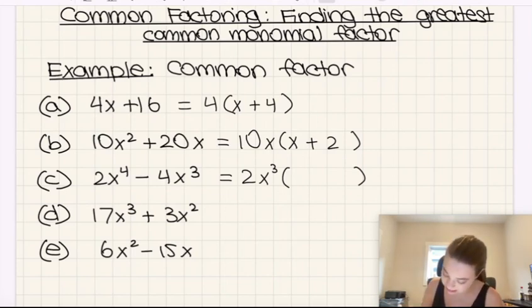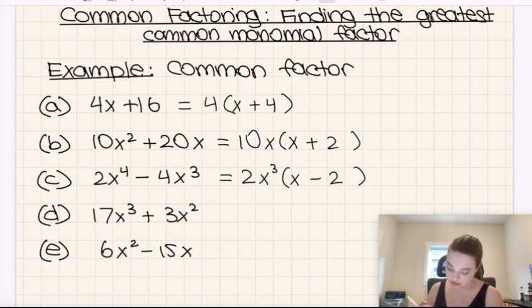Well, that's just going to be x to the power 1, or x, because recall that whenever we multiply exponents that have the same base, we add up the exponents, right? So if we have x to the power of 1 times x to the power of 3, those multiply and make x to the power 4. Okay, and then we have 2x cubed times what number will give us negative 4x cubed? Well, that will be times negative 2. And there we go.